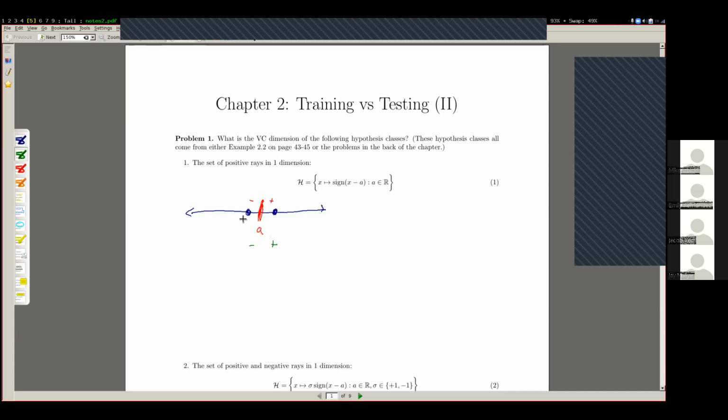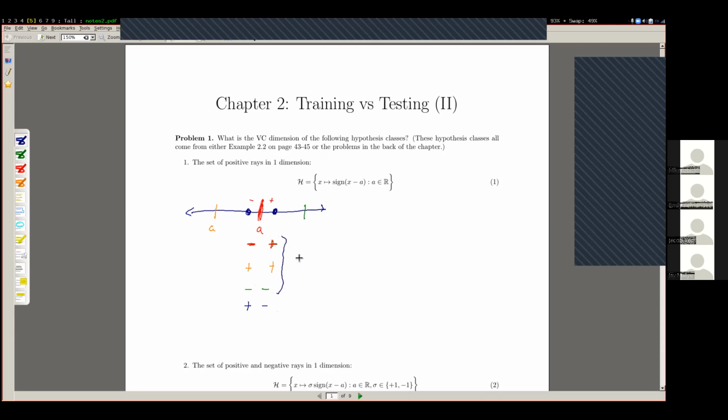That's what we're getting. If we move the a value, we'll draw the dichotomies in the appropriate colors that match. If we did an a over here somewhere, then that would give us positive, positive. And if we did an a over here, then that would give us negative, negative. And there's no way for us to get a positive, negative in this hypothesis class.